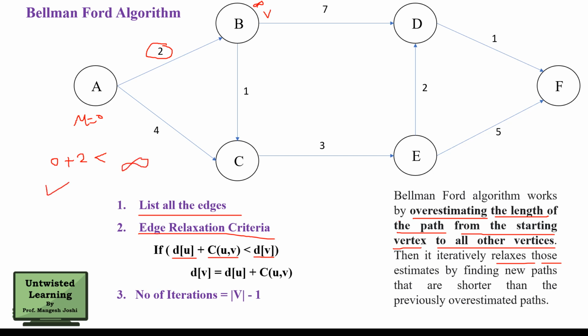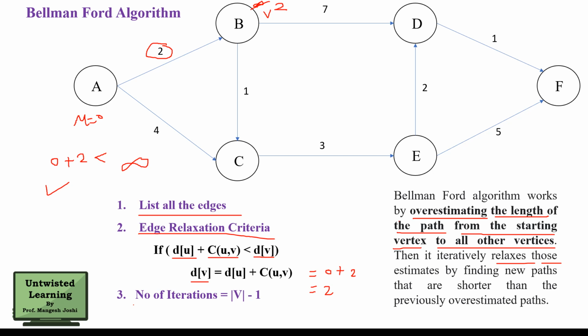Yes, so the condition is satisfied, and hence you will update the distance of v to 0 plus 2, that is 2. So this infinity will be cancelled and updated to 2, similar to Dijkstra's algorithm, right?